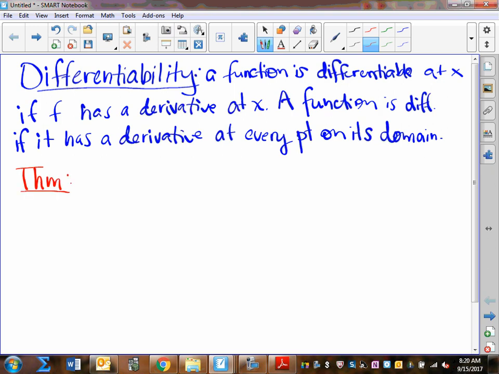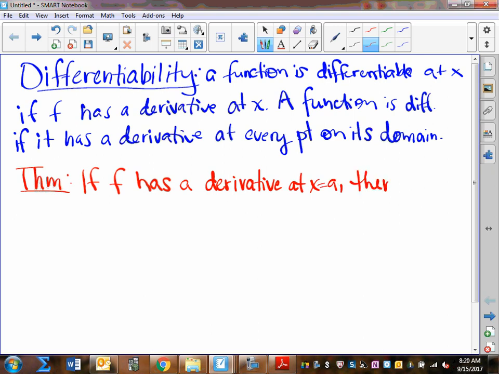And this theorem says if f has a derivative at x equal to a, then f is continuous at x equal to a.